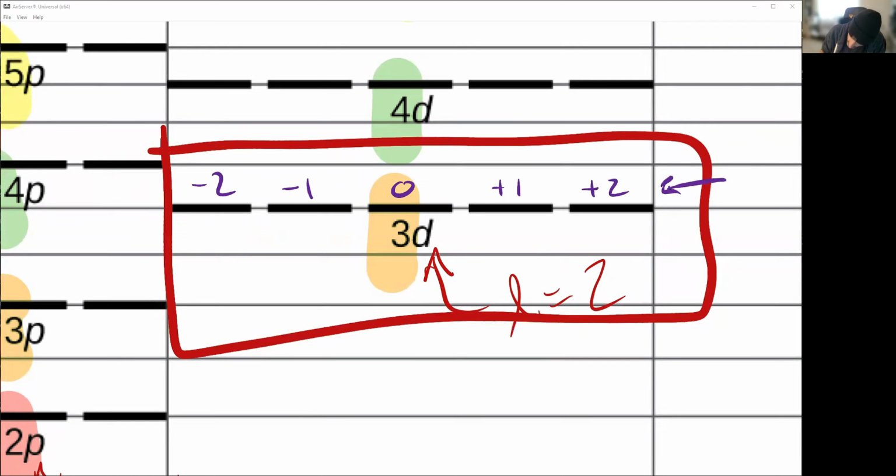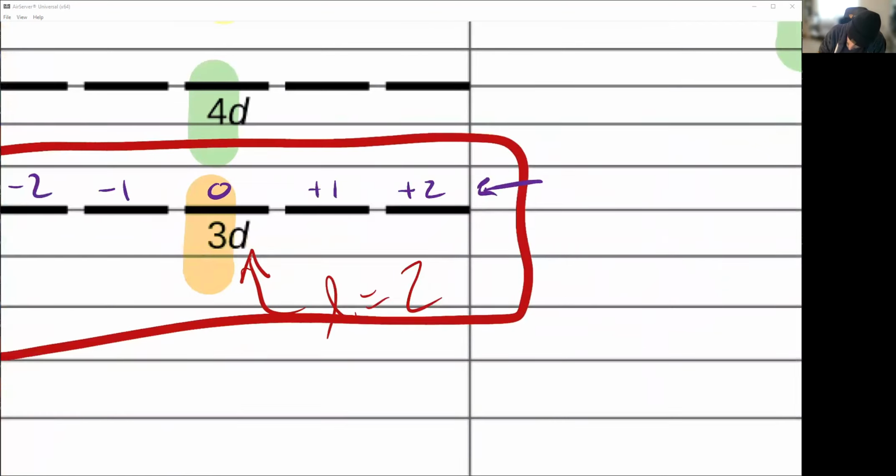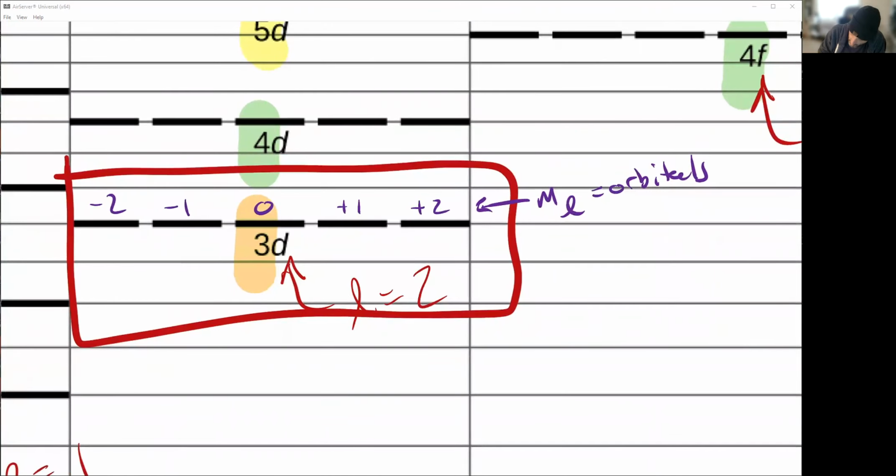Those right there are individual m sub l values, which are my orbitals. And each of these individual orbitals, I'll just use the one above, can hold 2 electrons.